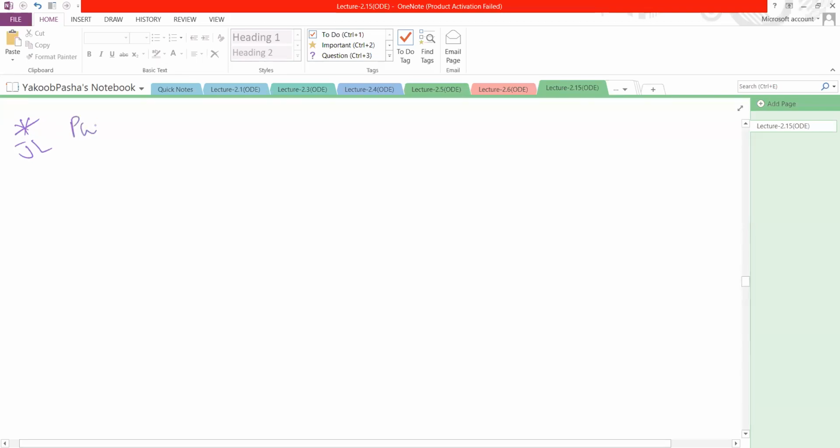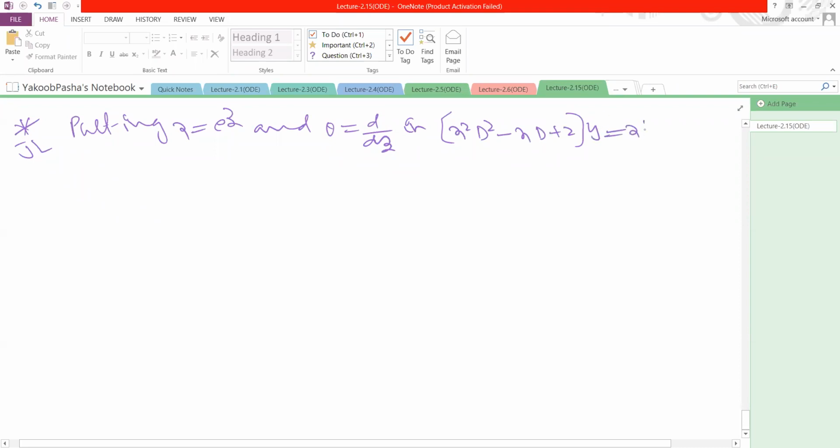Putting x is equal to e power z and theta is equal to d by dz, x square d square minus x into d plus 2 into y is equal to x log x. Find the transformed equation.